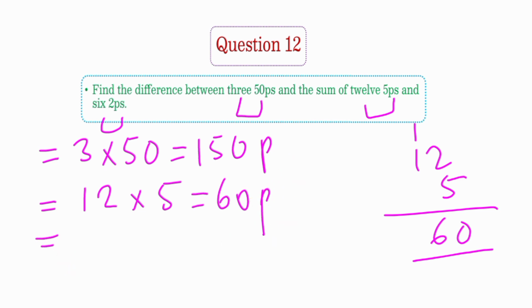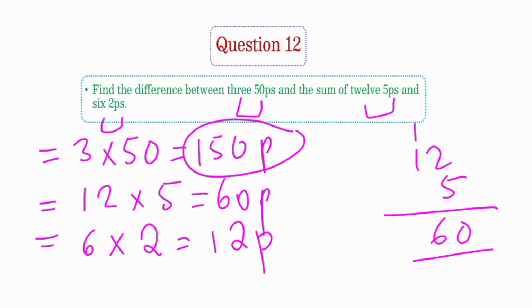And the third one is 6 times 2. 6 times 2 is 12p. Now we have found the products. What we have to do in this question is, from 150p, you have to take away 60 add 12p. Let me clear the area to work it out.